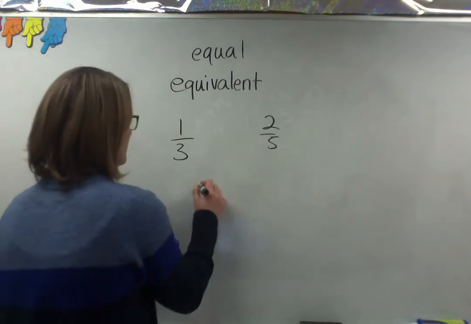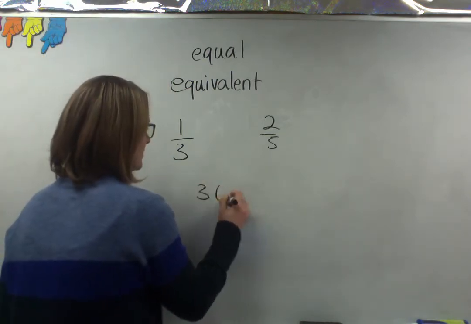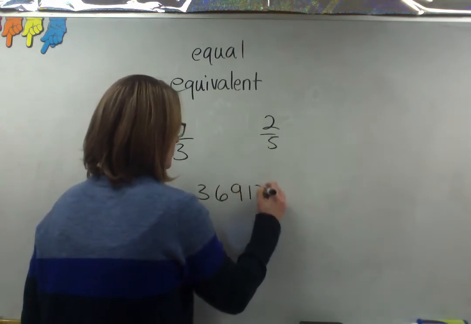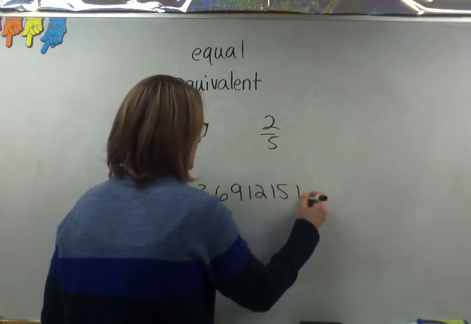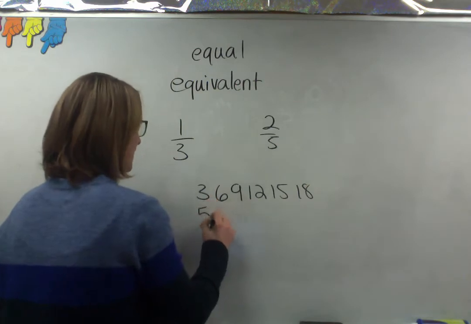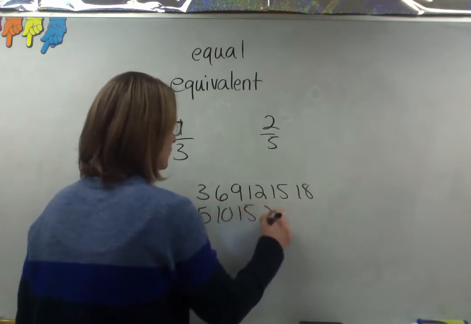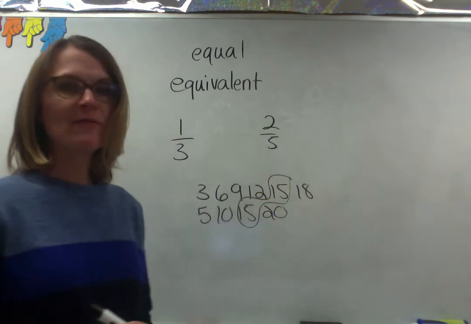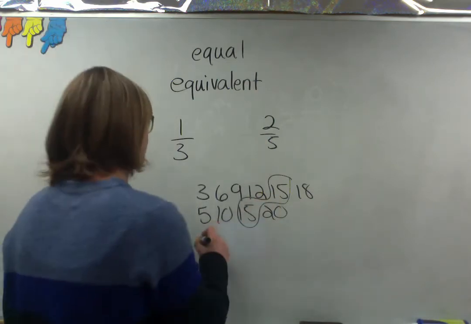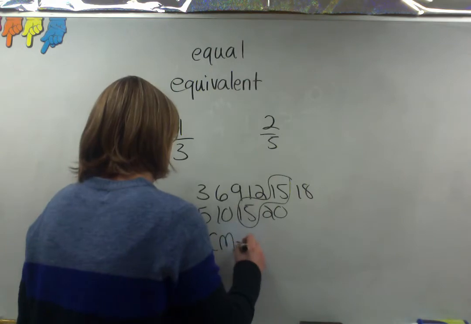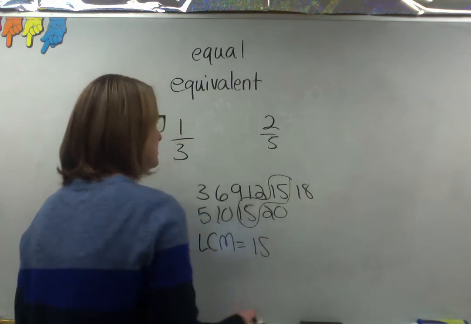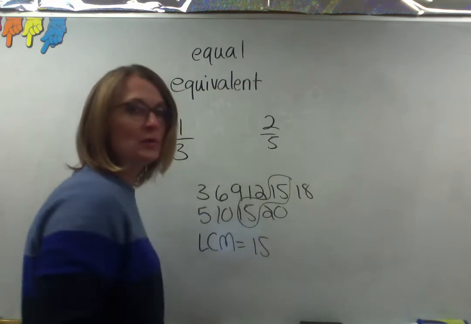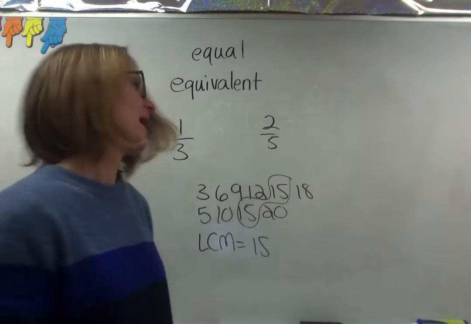So we listed the multiples: 3, 6, 9, 12, 15, 18, 5, 10, 15, 20. We listed the multiples of 3 and 5 and found out that they shared 15. So 15 was our lowest common multiple, and we used that to make our lowest common denominator, okay?